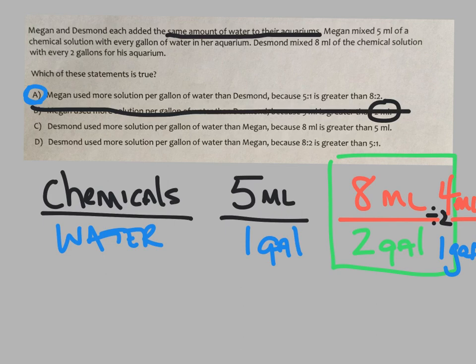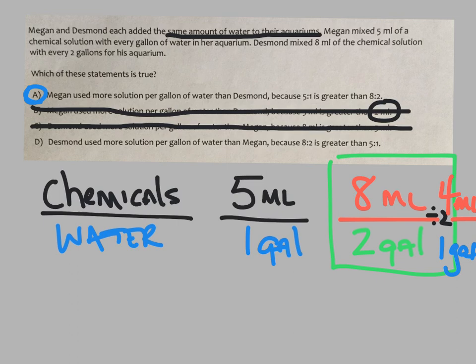Desmond used more solution per gallon of water than Megan because 8 milliliters is greater than 5. While it is true that 8 is greater than 5, Desmond's 8 milliliters were in 2 gallons of water, not 1. When we simplified his ratio, we found it was 4-to-1, which is actually less than 5-to-1.